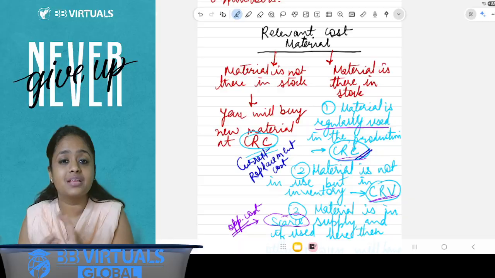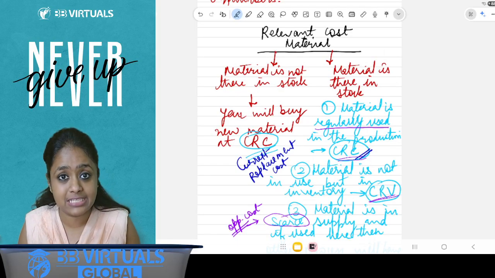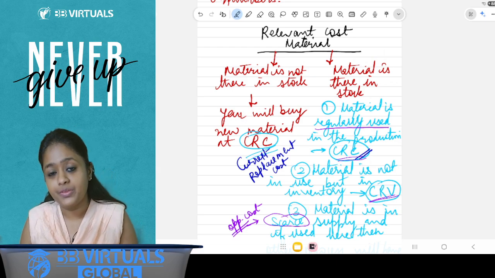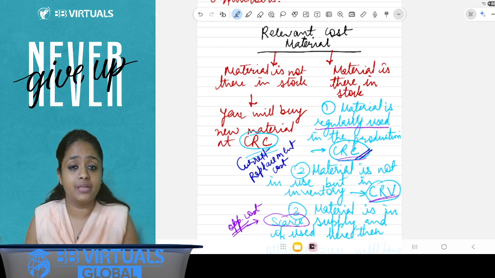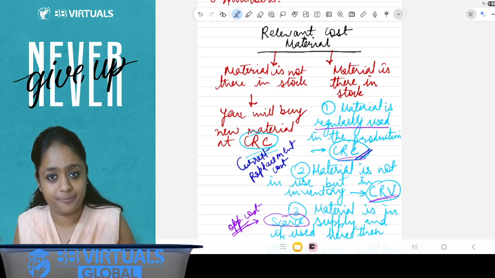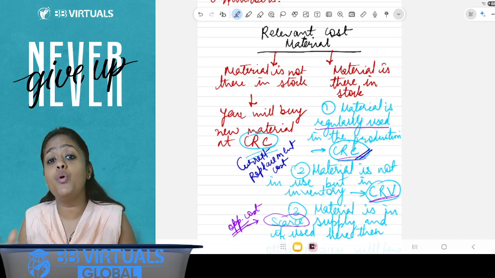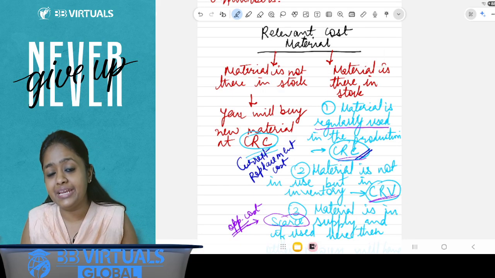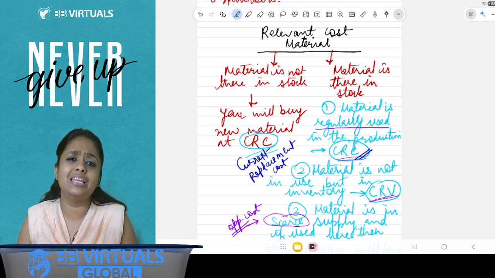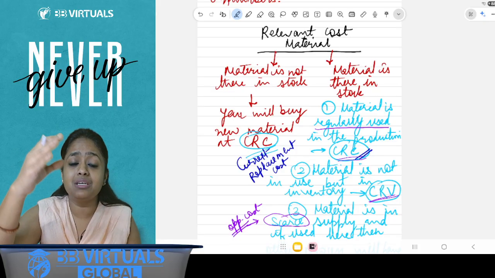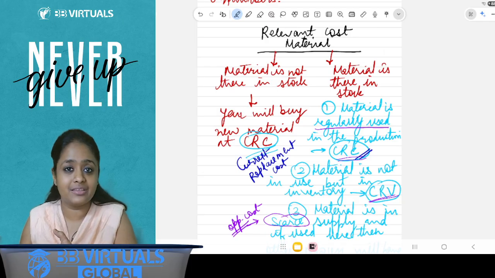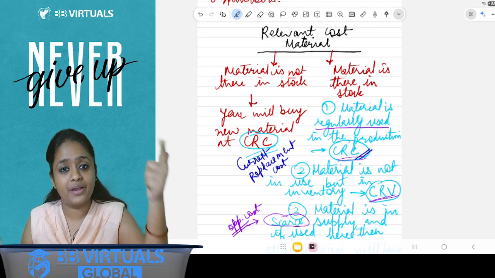Now I take up some very important concepts for relevant costing. Number one, how do we determine the relevant cost of a material? The most important deciding factor, logically, is whether the material is in stock or not. If the material is not in stock, how would you acquire it? At the current replacement cost, you will buy it from the market.